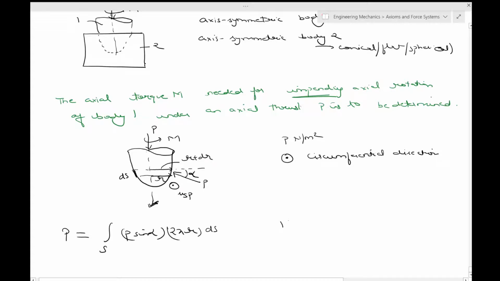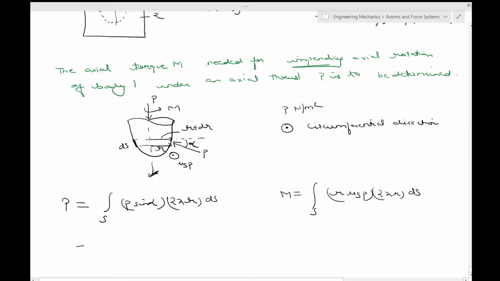And the moment M would be equal to the frictional part, so that would be r into mu s p, 2 pi r into ds.